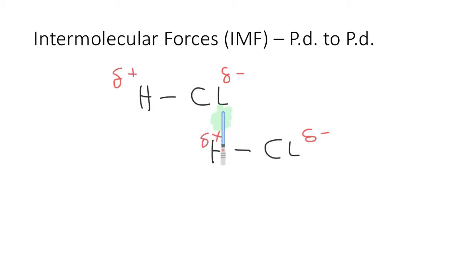It takes more energy to break this force of attraction than it would to break the interaction between non-polar molecules of a similar number of electrons. With a similar number of electrons, we've got similar London dispersion forces. But this is an additional, stronger force of attraction than the London dispersion forces.